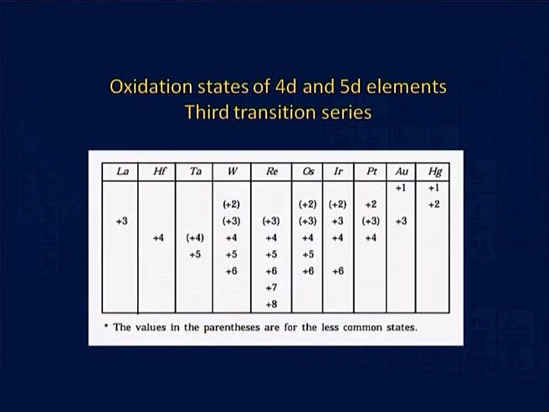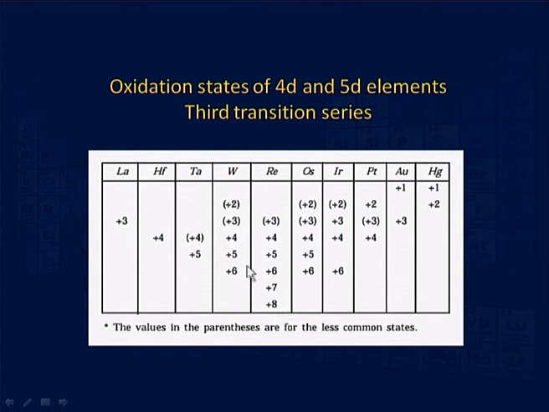The next table shows the variation in the oxidation state as we move from lanthanum to mercury in the third transition series. Here also there are some irregularities in the variation of the oxidation state.